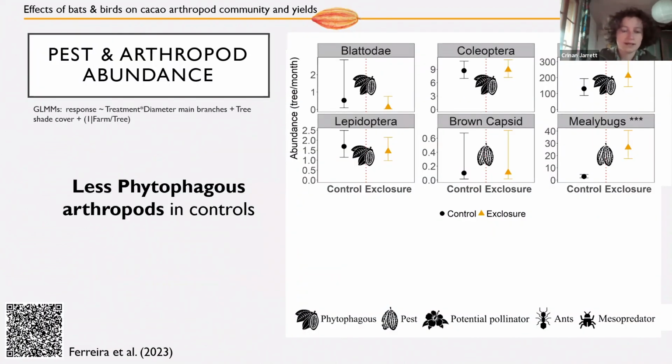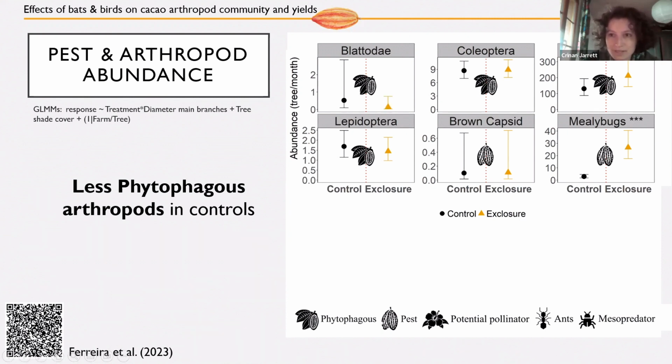Okay, so I'll go into our main results. In these plots, you can see each of the different insect orders that we looked at. In all of these plots, the black bar represents the control, so those are the trees where the birds and the bats can access. And the yellow bar represents the exclosure, which are the trees where the birds and the bats can't access.